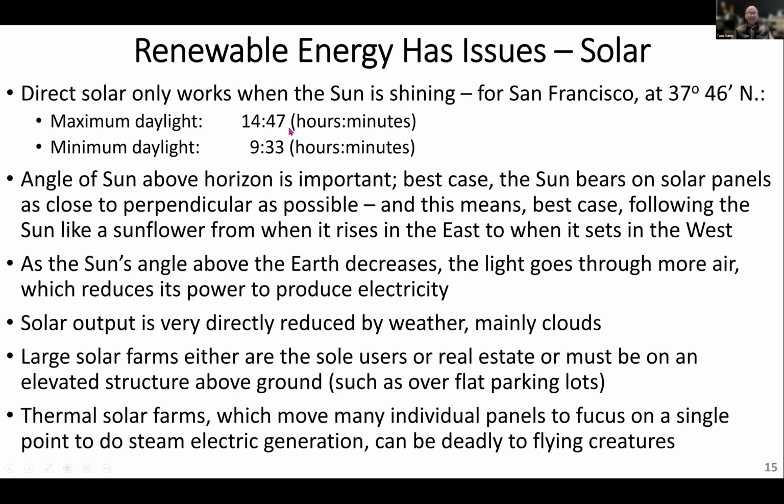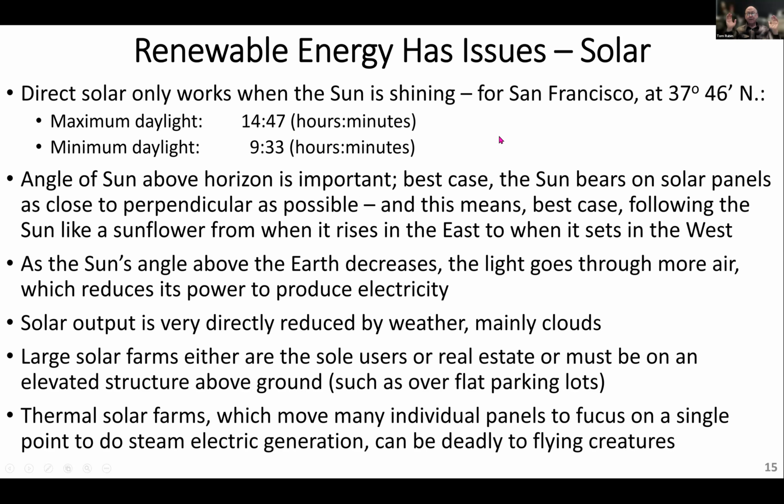Well, in San Francisco, which is a little bit north of the midpoint, you have more than 50% more daylight, and it's more valuable daylight during the summer as you do during the winter. Look at that difference, over 5 hours.